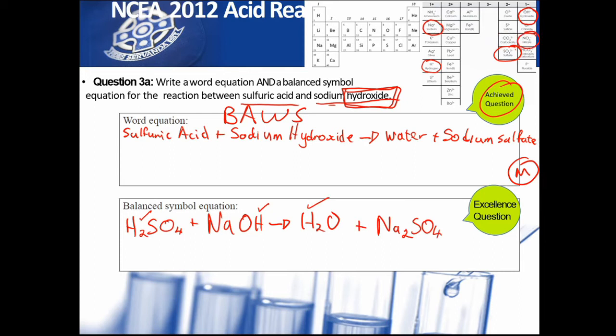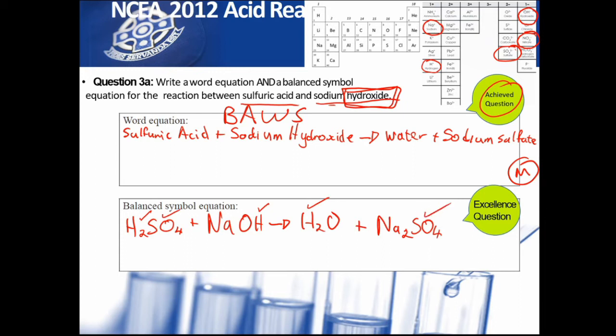Sulfate, nitrate, they don't break up. So this sulfate, how many do we have on this side? Only one. How many do we have on this side? Only one. Okay, that's good. So the sulfates are balanced.